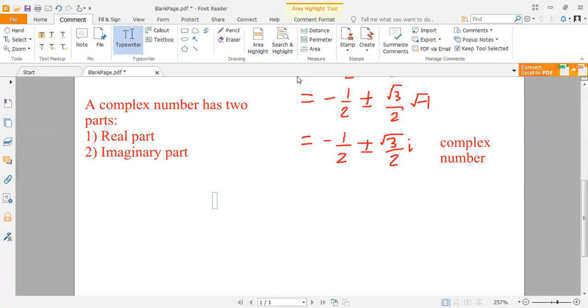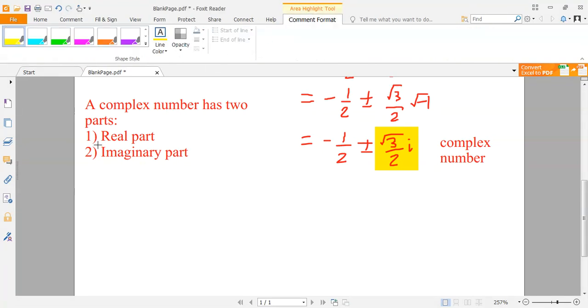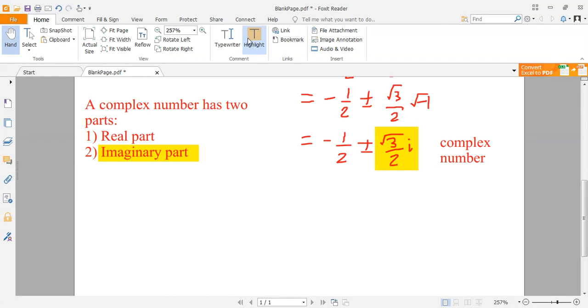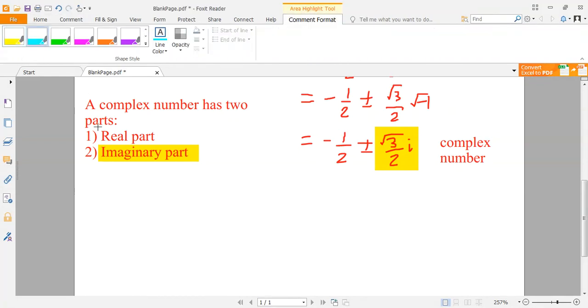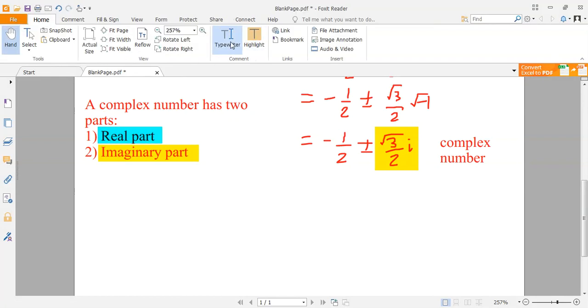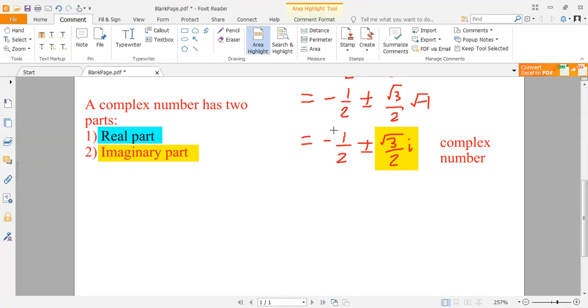What do I mean by the imaginary part? This is the imaginary part. And if I want to mark the real part, let me do it with blue, so I can mark the imaginary part and the real part. This is my real part.